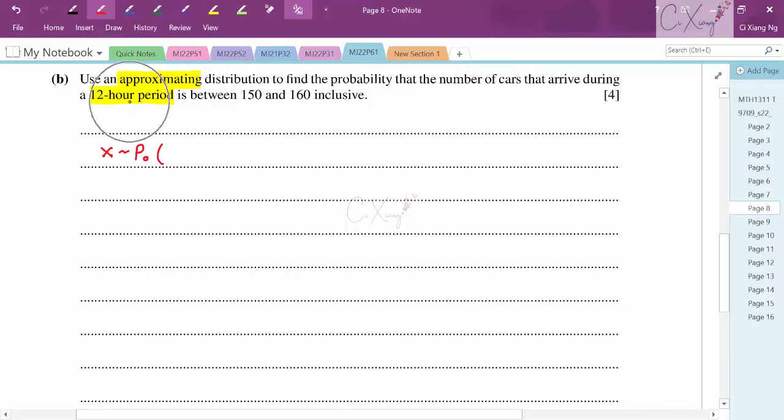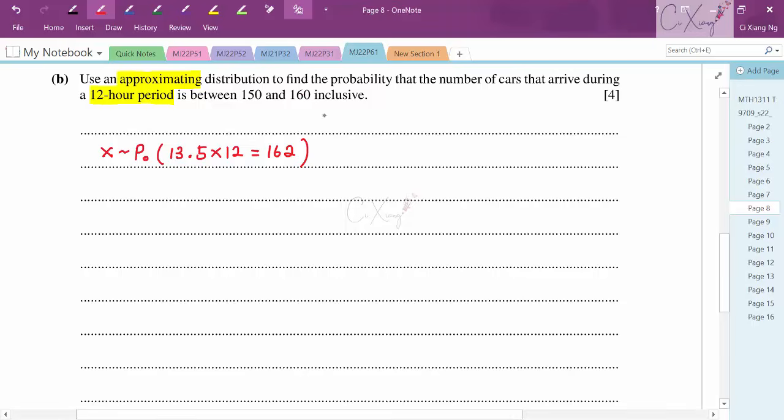So now I'm having a 12-hour period. If I want to get the lambda, it should be 13.5 multiplied by 12, because 13.5 is for 1 hour. The answer that you get for this lambda will be 162.